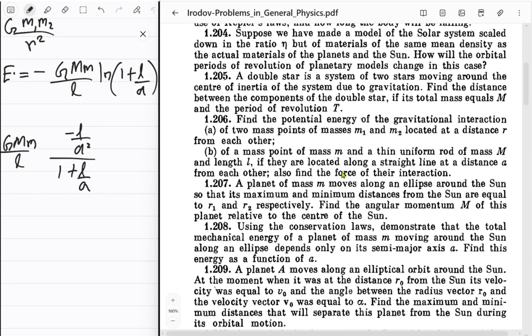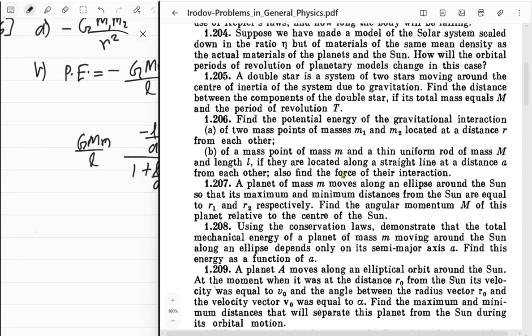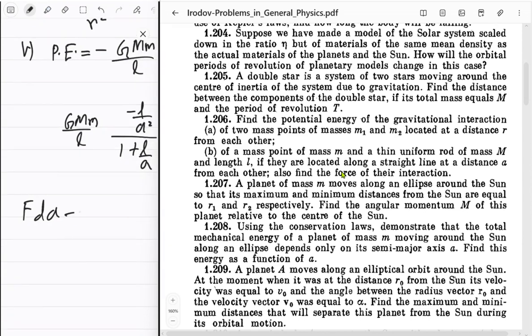This should not have been negative, right? It should have been positive. Something's weird about this thing. What is this? F dot dA, so F times dA. As your A increases, your potential energy is also supposed to increase, so it's equal to the change in potential energy.